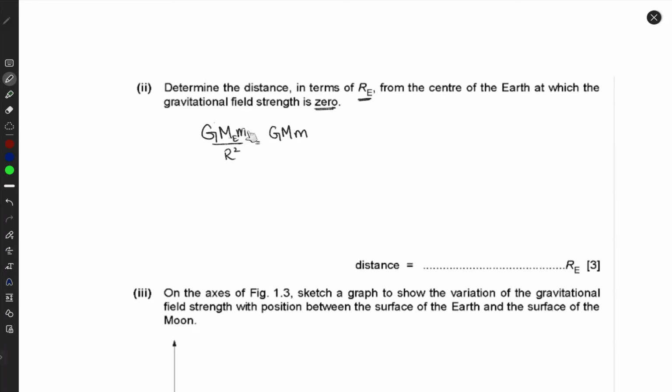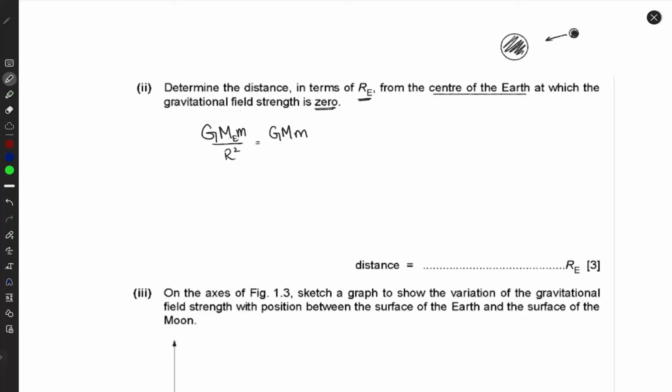Now, the major part, as they have mentioned in the question, is the Earth, because we want to find the distance from the center of the Earth. So the major part is the Earth, and the Moon is the small mass or the test mass, which is in the field of the Earth.